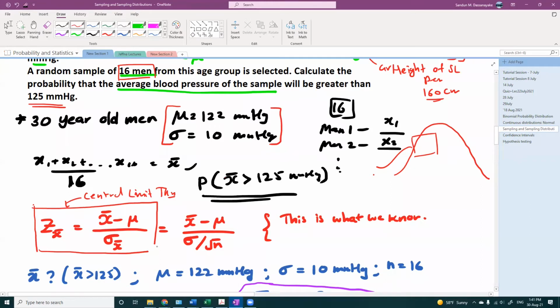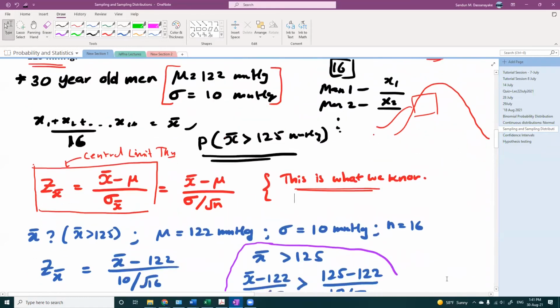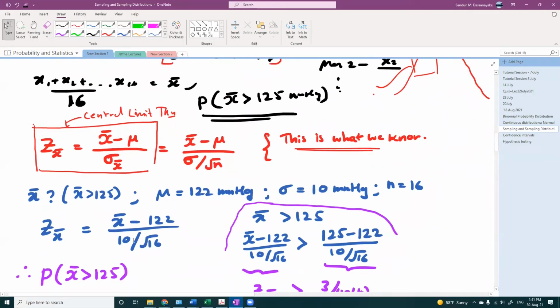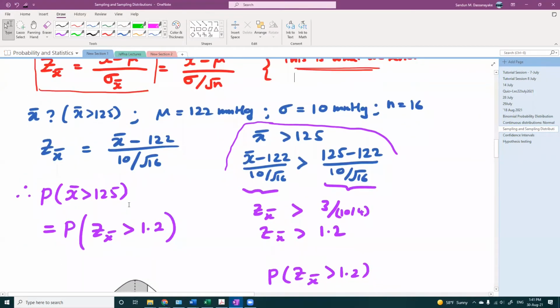We know that sigma X bar, the standard deviation of X bar, is sigma divided by the square root of n, and X bar minus mu comes in the numerator. So this is what we know, and we are going to check whether X bar is going to be greater than 125.